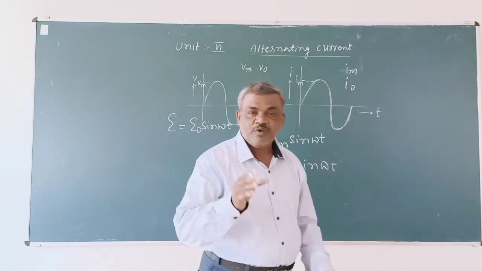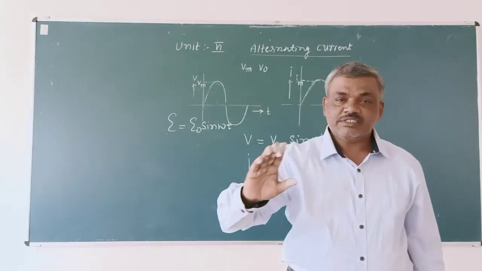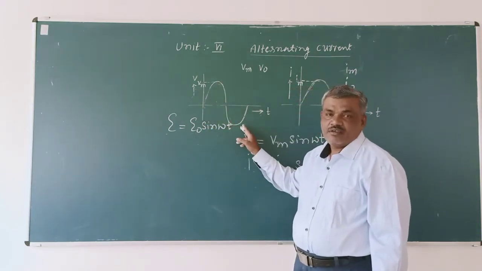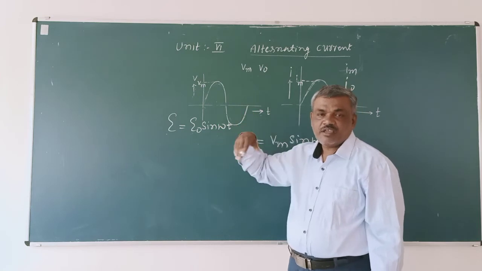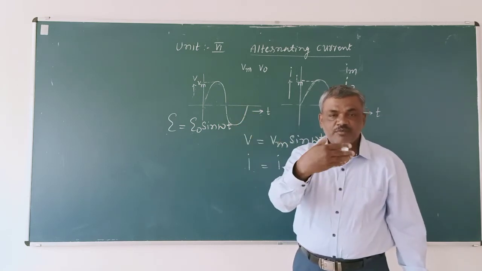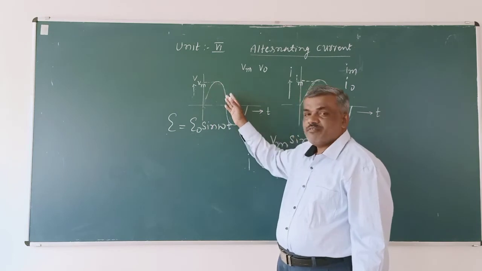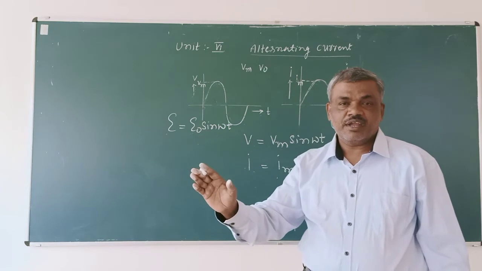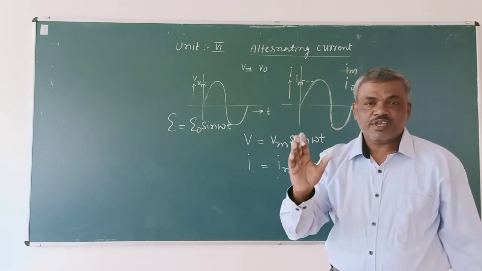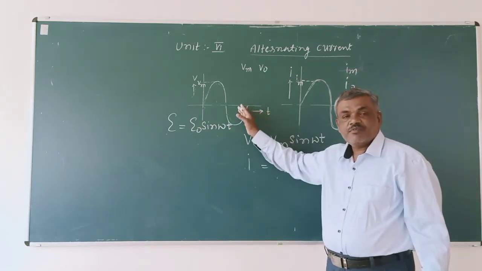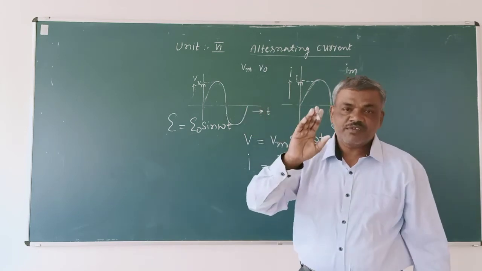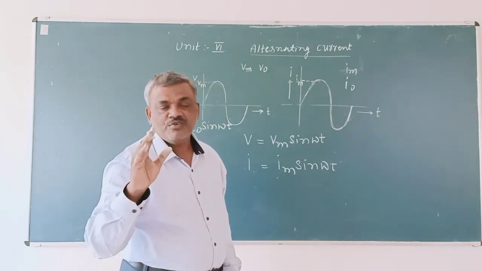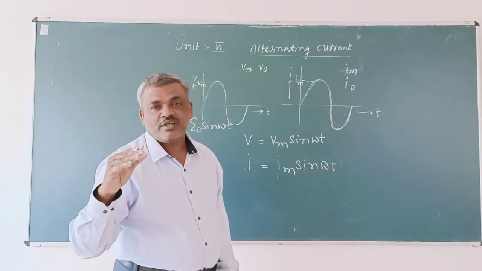Here are the important definitions. The period of AC: the time taken by the alternating current to complete one cycle is called the period of AC. Frequency: the number of cycles completed by alternating current in 1 second is called the frequency of AC. The frequency of AC is f equal to 50 Hz. How do we determine the frequency of AC using the electromagnet and sonometer experiment?